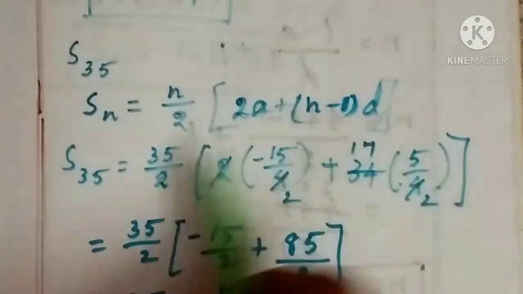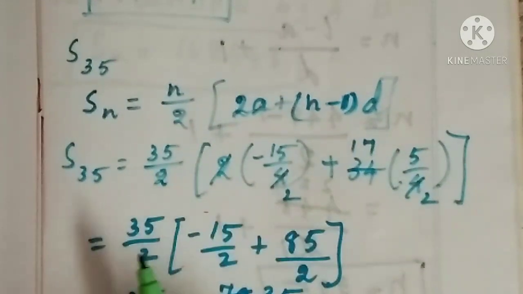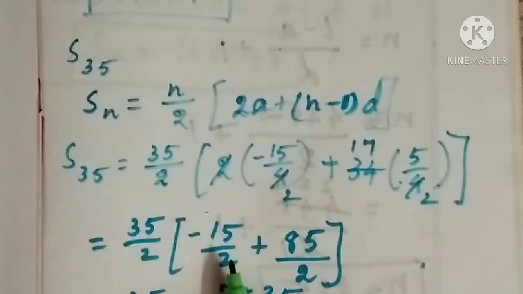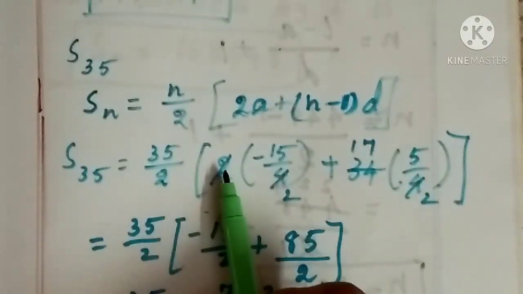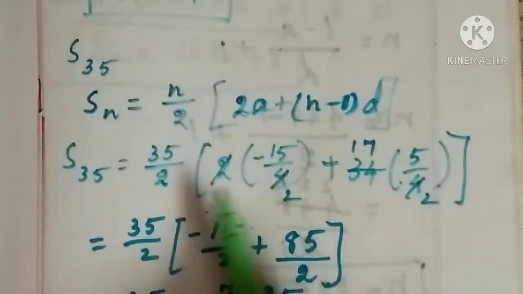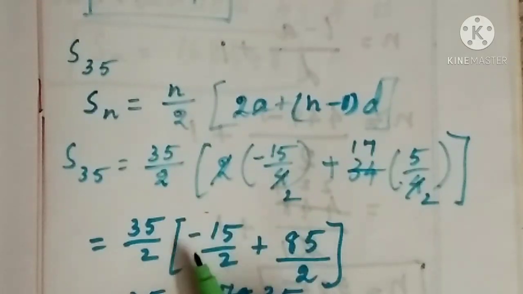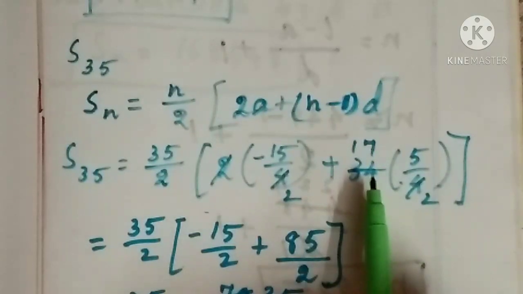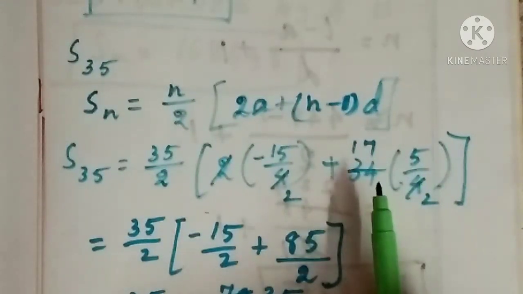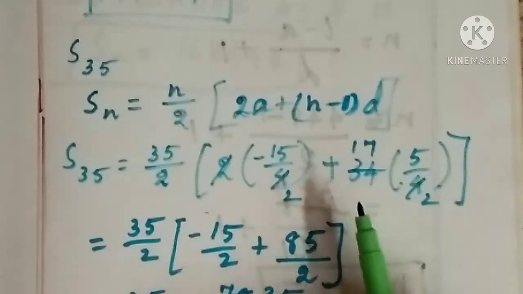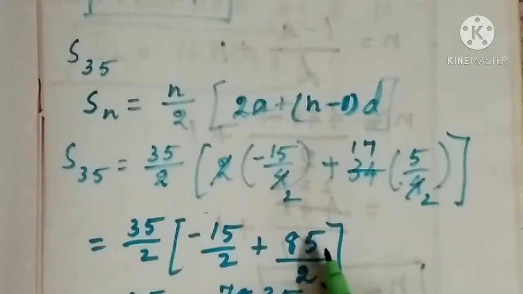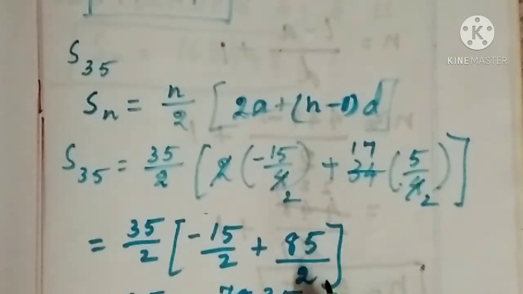Now, you have to simplify this, means we get 35 by 2 into, here 2 and 4 is cancelling by 2 table, minus 15 by 2 plus, for cancelling this 2 table we get 17 into 5, 85 by 2.